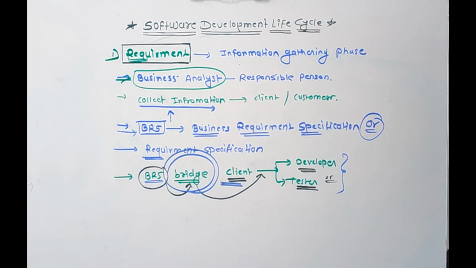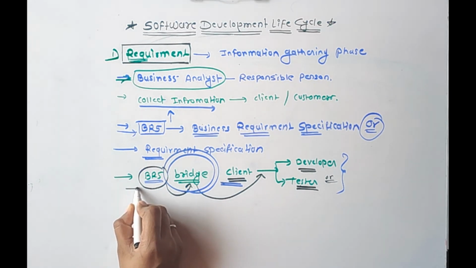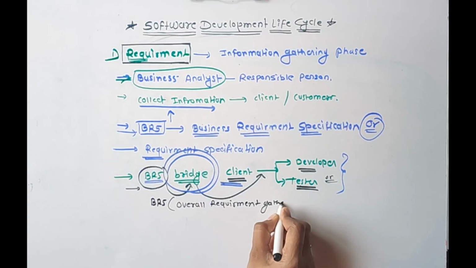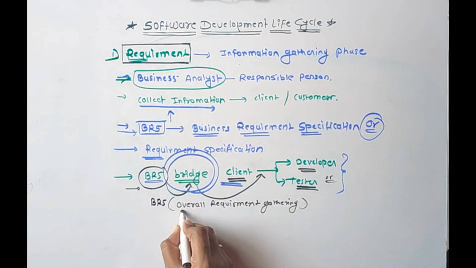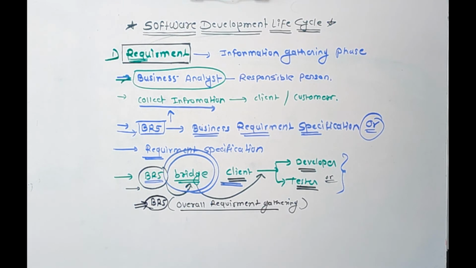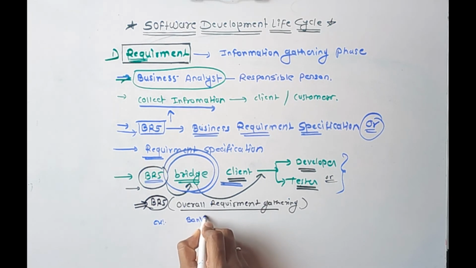Now, how does the BRS document get prepared? BRS document is nothing but the overall requirement gathering. With the help of this overall requirement gathering, the BRS document gets prepared. For example, suppose I want a banking application.